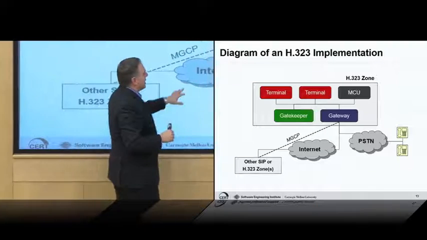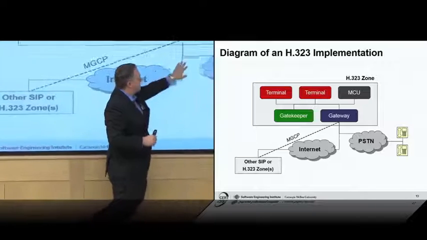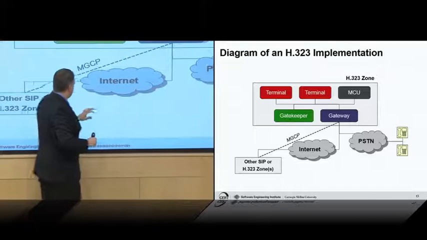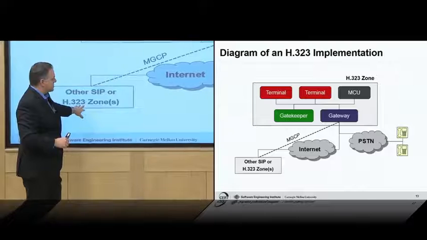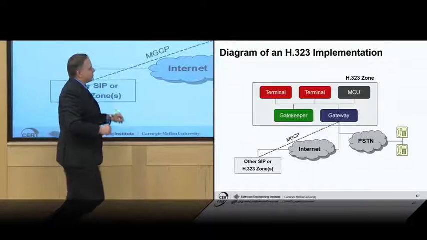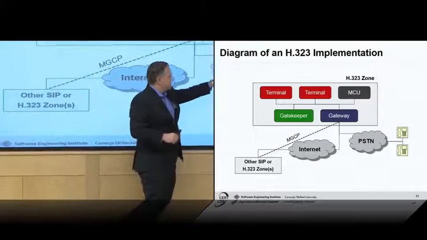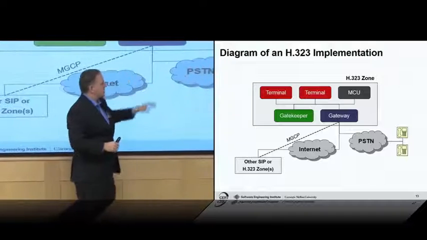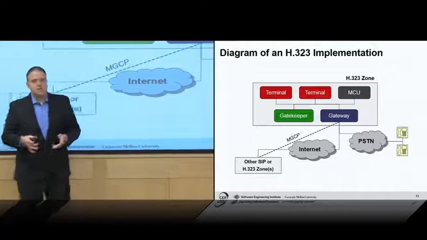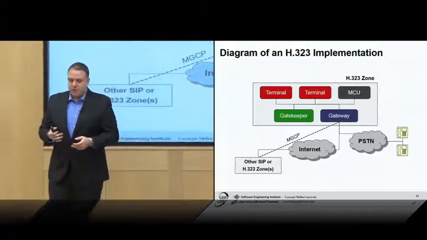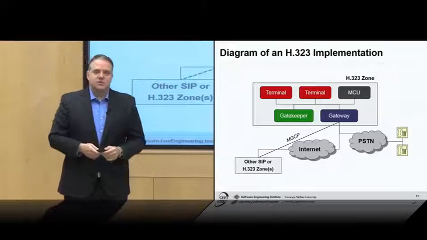The key is where it connects from the gateway here, and it connects either through the internet to other H323 zones or SIP, and it connects to the public switch telephone network through this gateway. So that gateway device is what allows your VoIP implementation to actually reach the outside world.